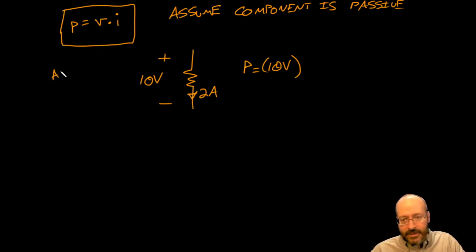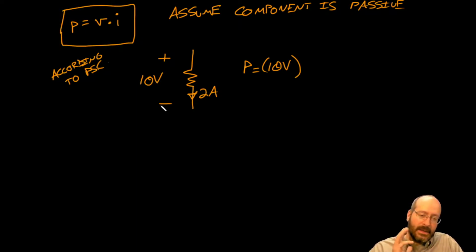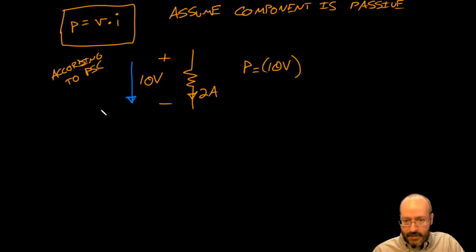So according to the passive sign convention, which direction is the positive direction for current flow if the voltage across this passive element is 10 volts, plus on top, minus on bottom? Hopefully by now you're yelling at your screen that the positive direction is down. Okay, the positive direction is going to flow this way. And this is the positive current direction.